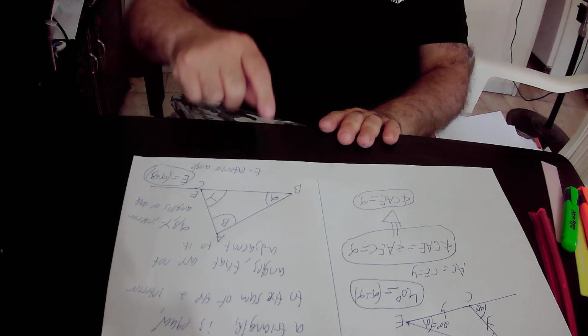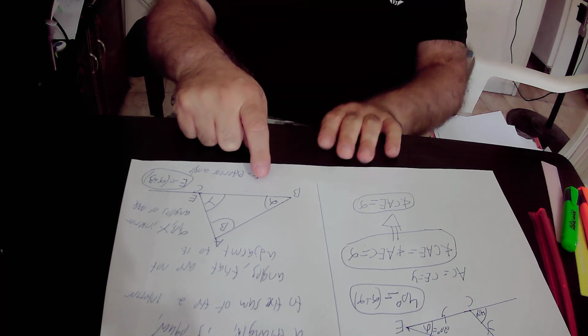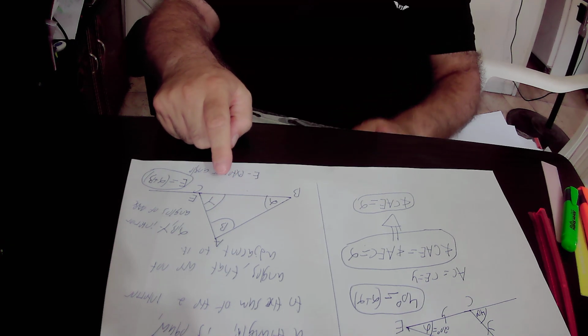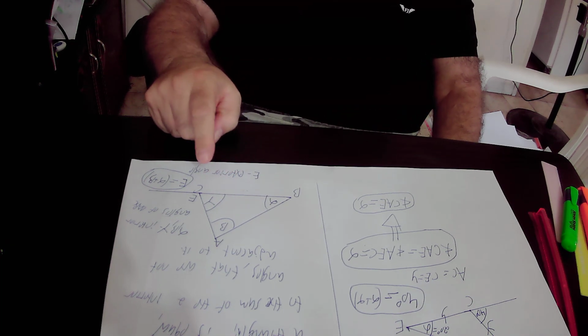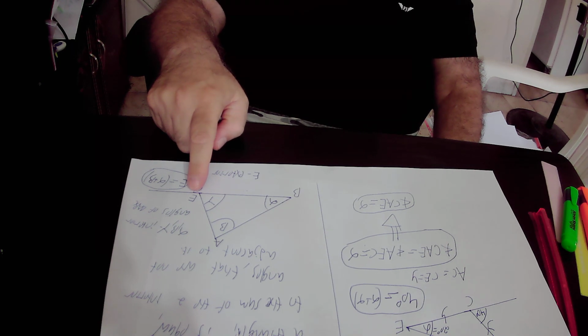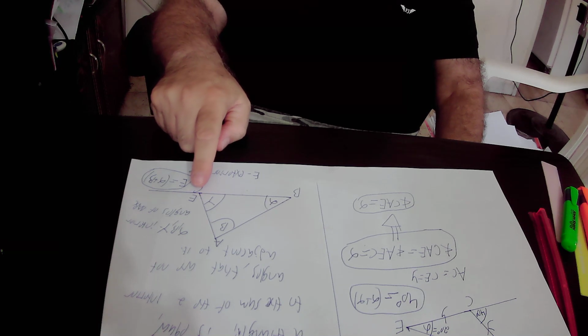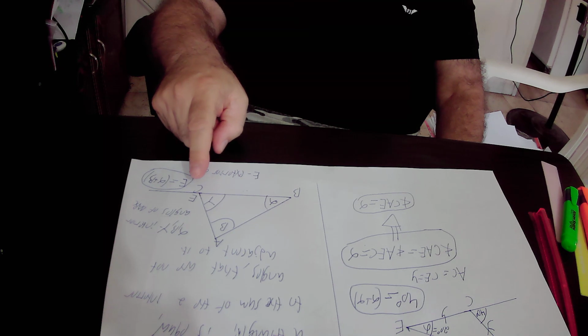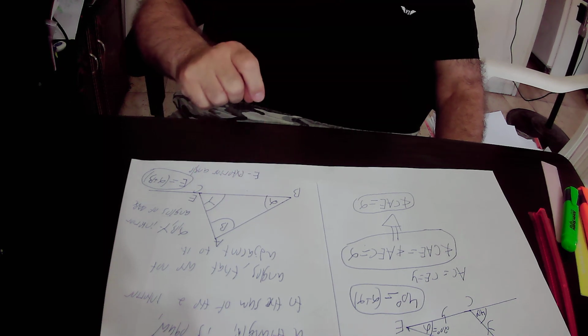So here in triangle ABC, angles alpha, beta and gamma are defined as the interior angles because they are located inside the triangle, and this angle E, which is outside the triangle, is defined as an external angle. Its value equals the sum of the two interior angles that are not adjacent to it. Here angle alpha and angle beta are not adjacent to it, therefore angle E equals alpha plus beta.